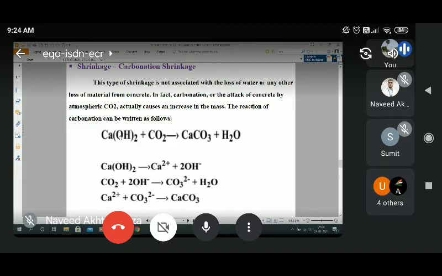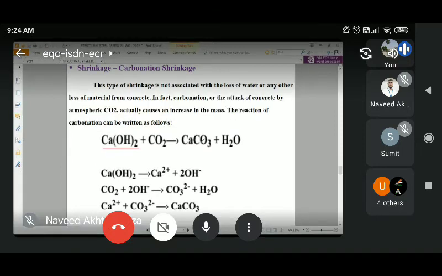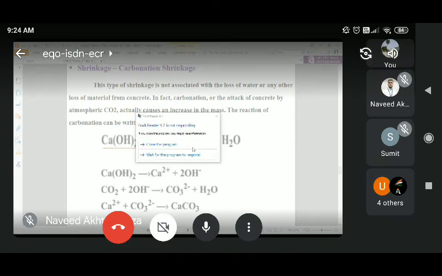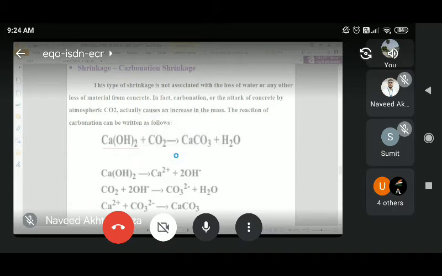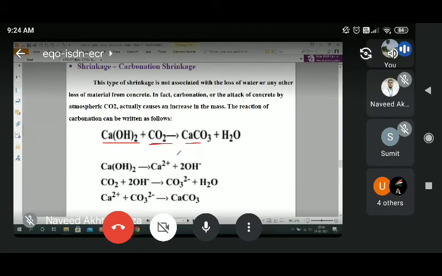You can see here the reaction: calcium hydroxide, Ca(OH)2, reacts with the carbon dioxide in the atmosphere, and calcium carbonate is produced and water is released. You see the stage-wise reaction.